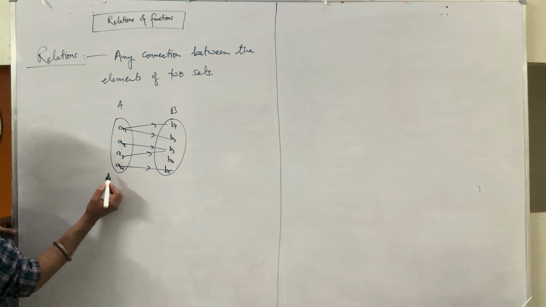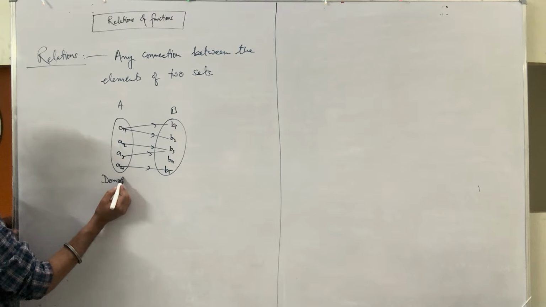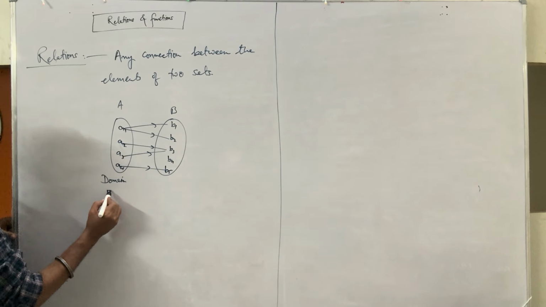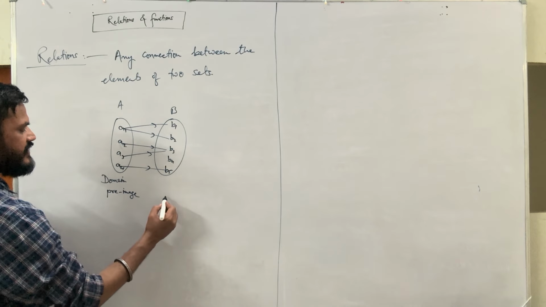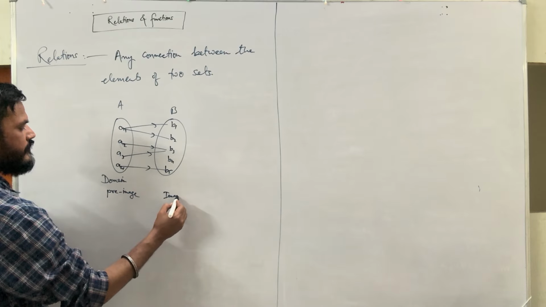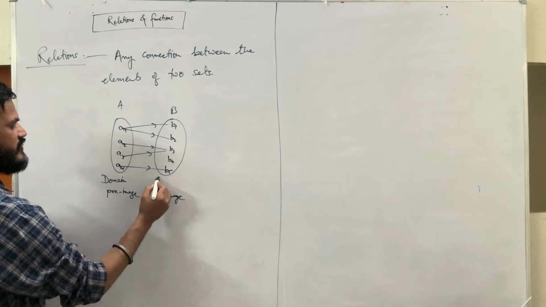So the first set is called domain. It is also called pre-image, whereas this set is called image. This set is also known as codomain.